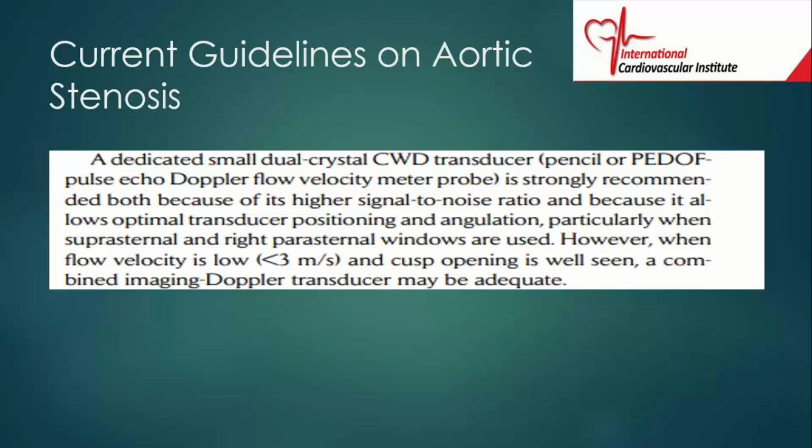It is recommended. The American Society of Echo recommends that you use one of the dedicated small dual crystal CW Doppler transducers, the so-called pencil or PEDOF probe. So they strongly recommend that you use that.